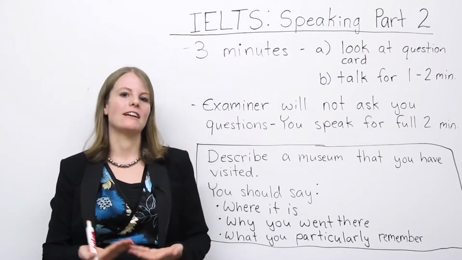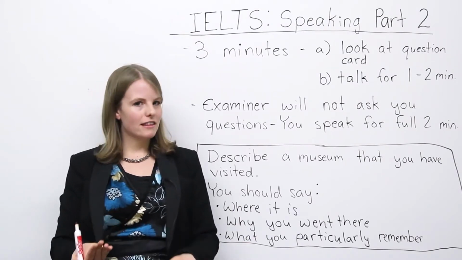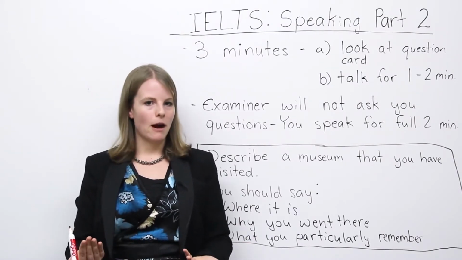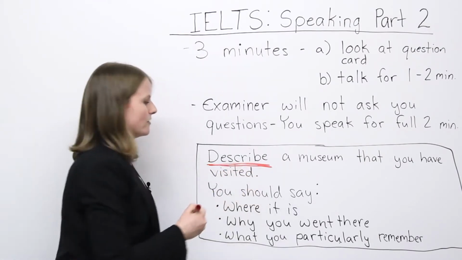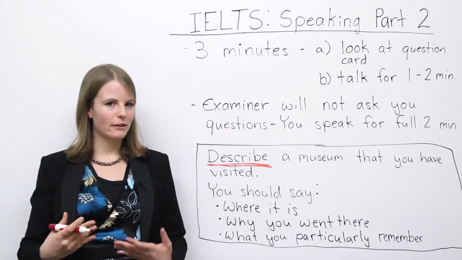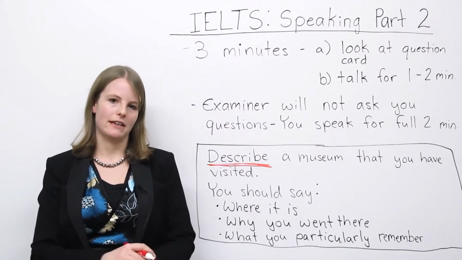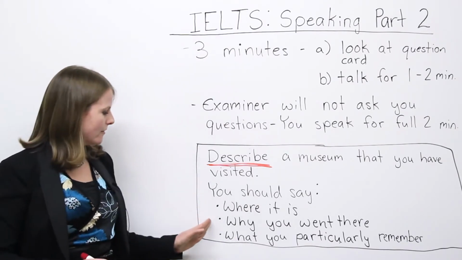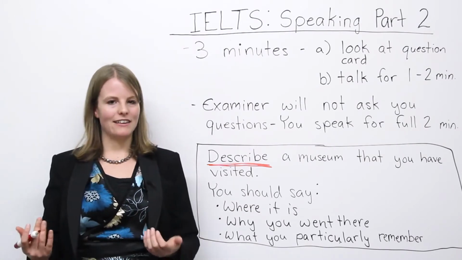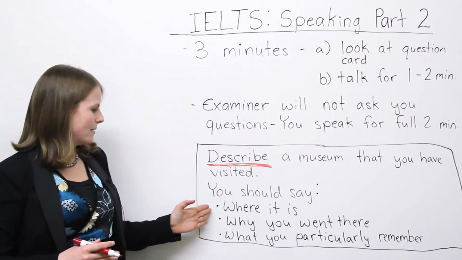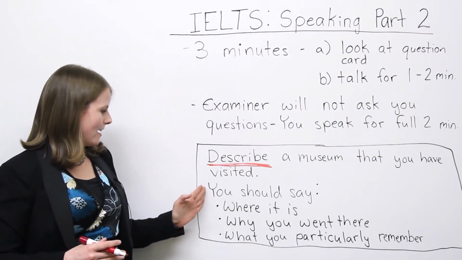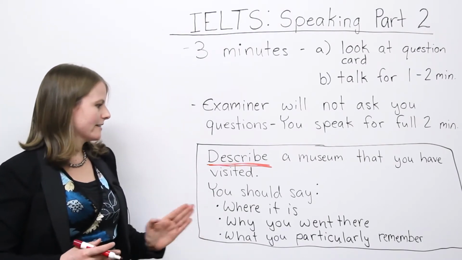You might be asked about a neighborhood in your city. The key thing that you probably will be asked is, this question is often about description. Not always, but usually you have to describe something. And then they usually have 3 questions. They can be who, what, when, where, why. Okay?